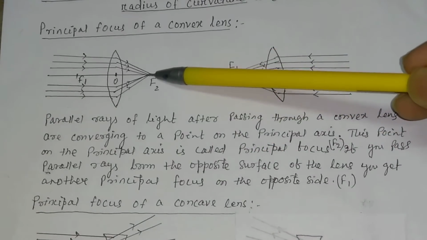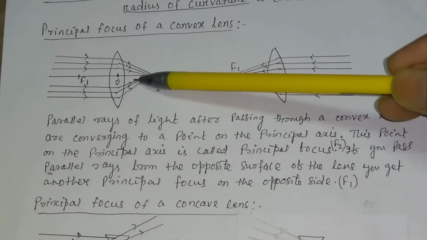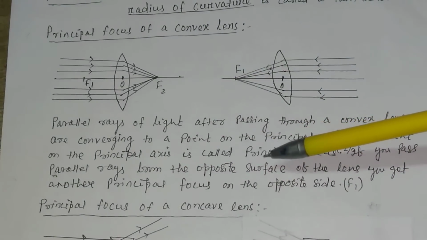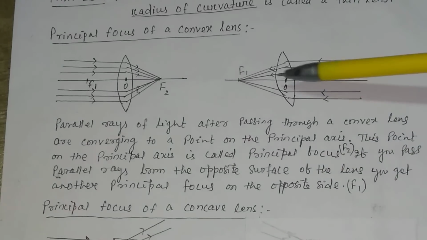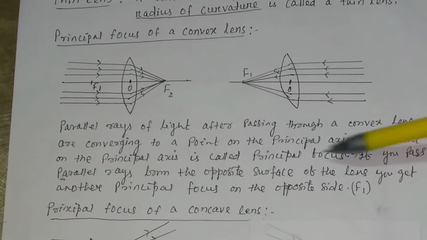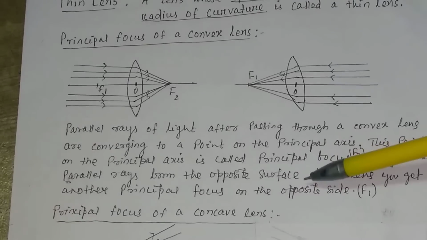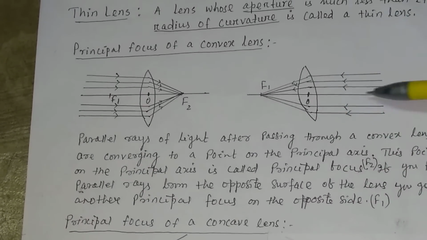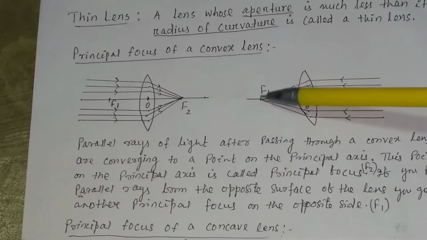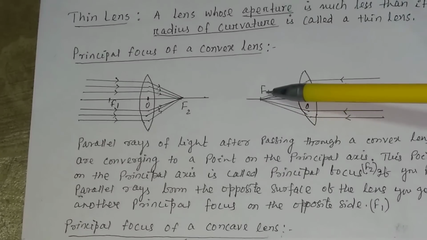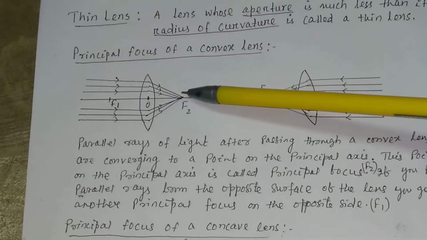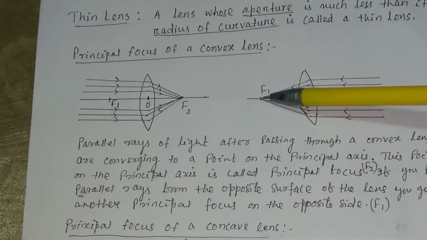So F2 is called the principal focus of this convex lens. If you pass parallel rays of light from the opposite side of the lens, you get another principal focus on the opposite side. So if I allow parallel rays of light from this side, it will meet at F1. So F1 is another principal focus. So a convex lens has two principal foci, one is F2, another one is F1.